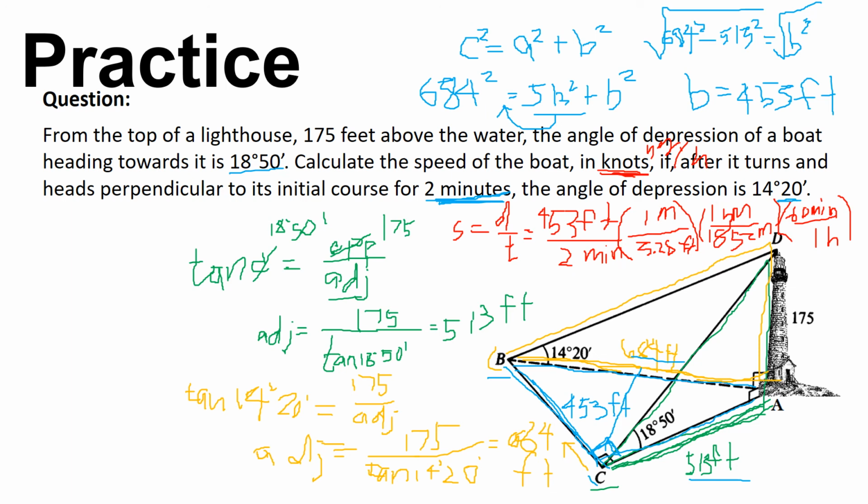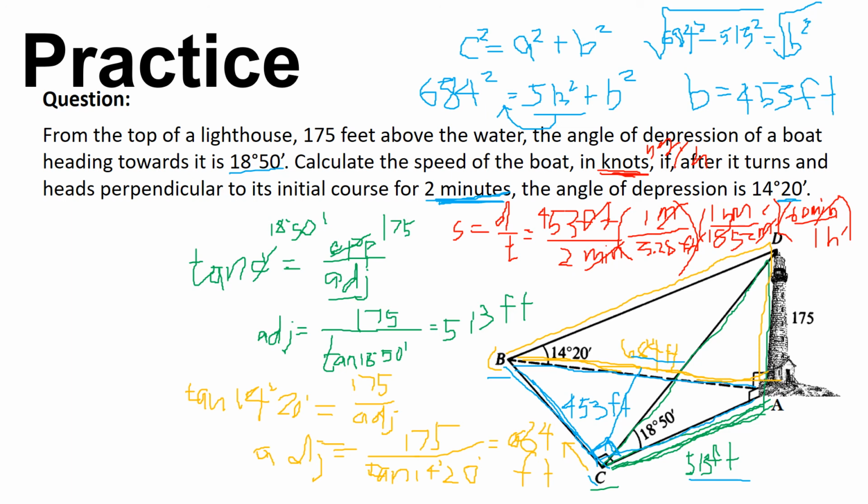Our first conversion is converting feet to meters, so the units will be cancelled out. And next we need to convert meters to nautical miles, so the units will be cancelled out. And lastly, we converted minutes to hours, so what remains is nautical miles and hour.